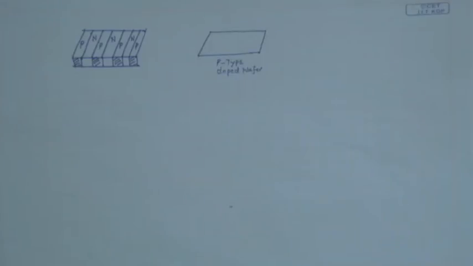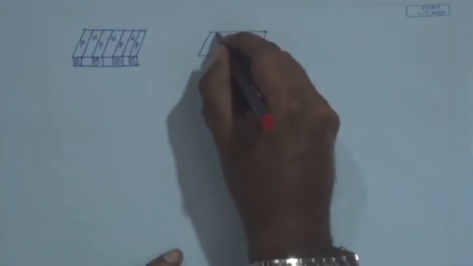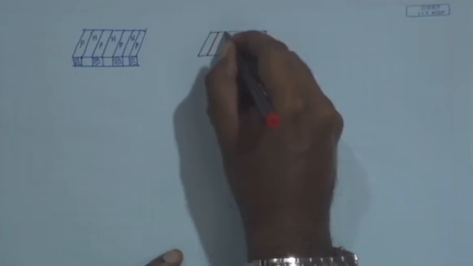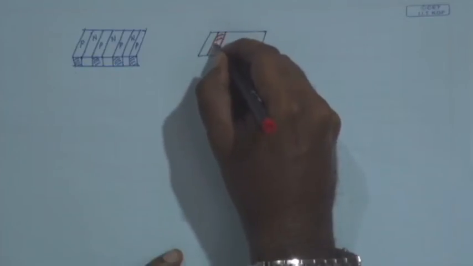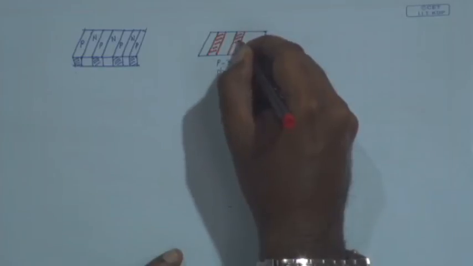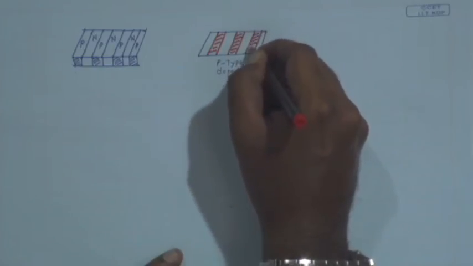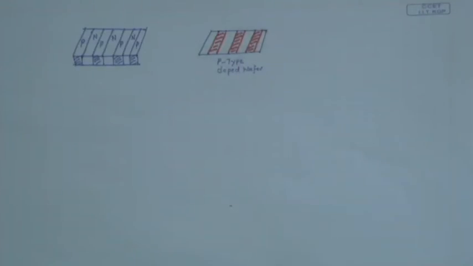I am just showing a section of the wafer. The wafer is typically circular in shape, but that does not matter. And what you try to achieve is some n-type doping in a periodic spatially varying manner by putting the wafer inside a doping or a reactant chamber.